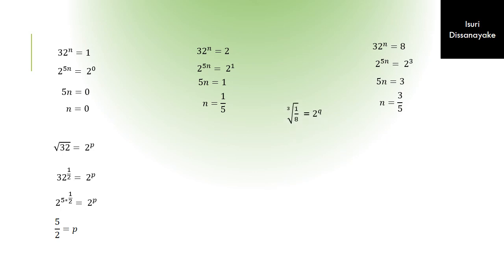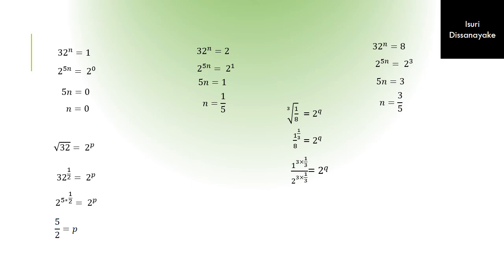Next one, cubic root 1 over 8 is equal to 2 to the power q. So this cubic root means the power 1/3. So I will write it as 1/8 power 1/3 equals to 2 to the power q. Let me equal the base.